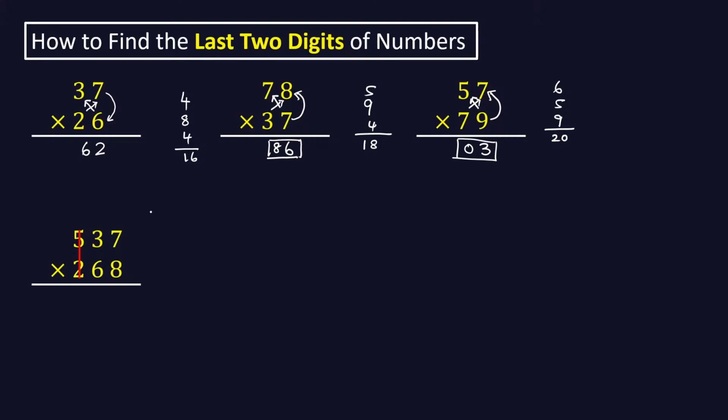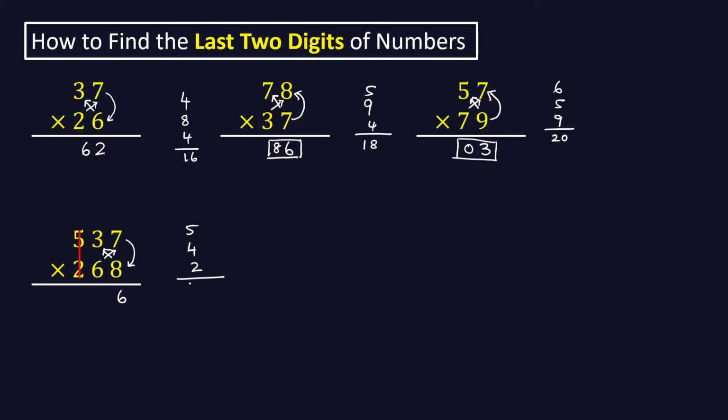So let me just do it. 7 8s are 56. I will write 6 here, carry 5. Then crisscross multiplication. 8 3s are 24. Write down the unit digit here, which is 4. Then multiply 6 with 7. That gives us 42. So take the unit digit, which is 2, and add these three numbers.